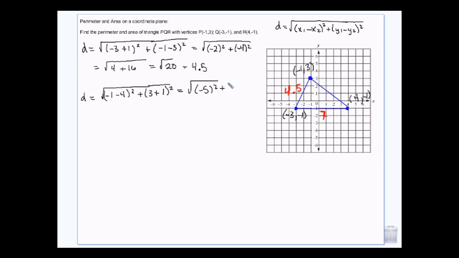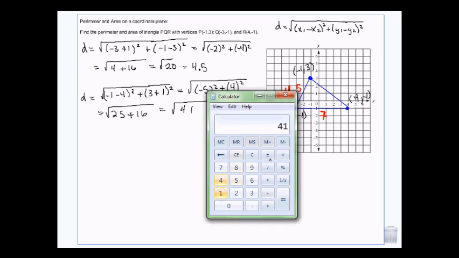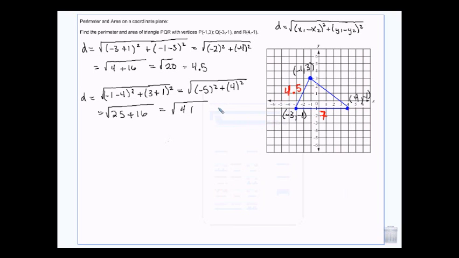So -5 squared plus 4 squared. 25 plus 16. 41. So 6.4. Okay, so now I can find my perimeter.